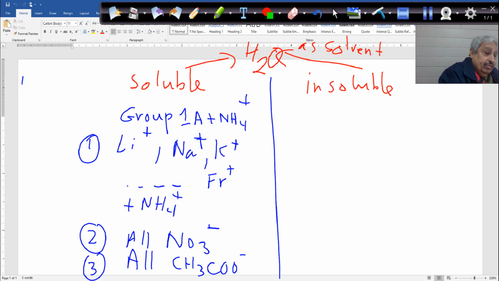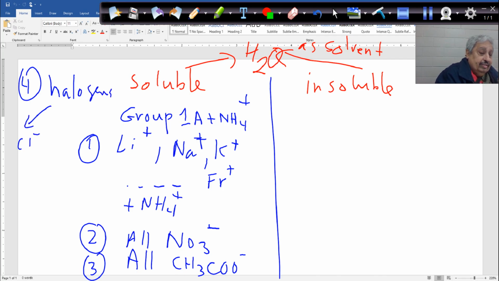Number 4, halogens. When it comes to halogens, we have exceptions. Halogens means chloride, bromide, fluoride, iodide. But we have exceptions here. You have to know what the exceptions are, correct?